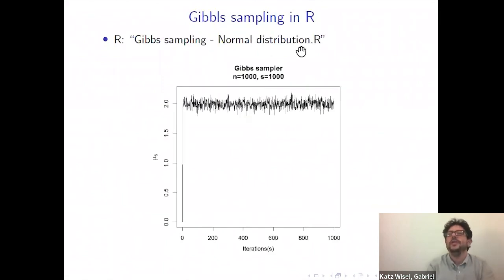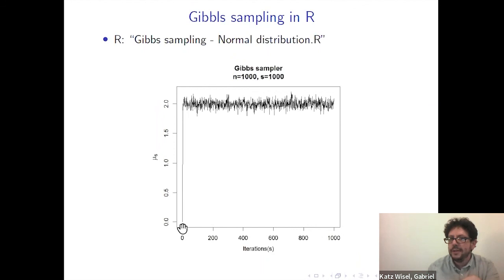You have a script that comes together with these slides called Gibbs Sampling normal distribution, in which I show you how, starting from initial values of the parameters sigma squared and mu, I start drawing samples.